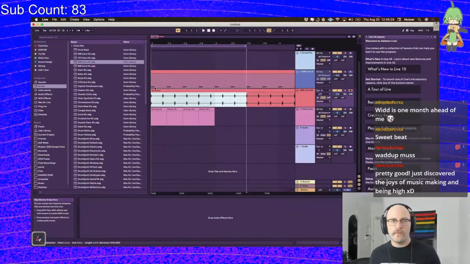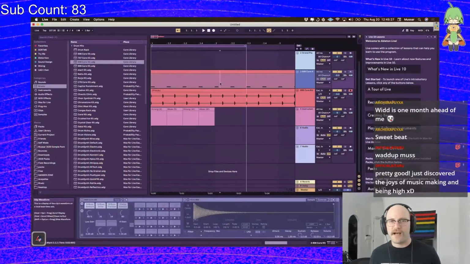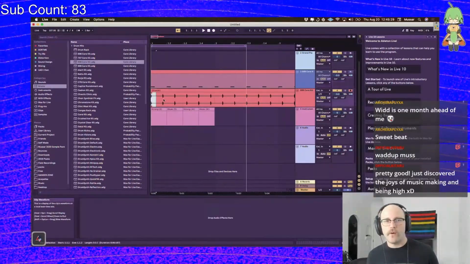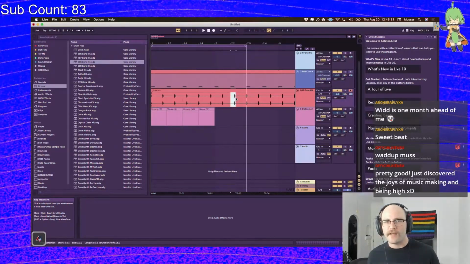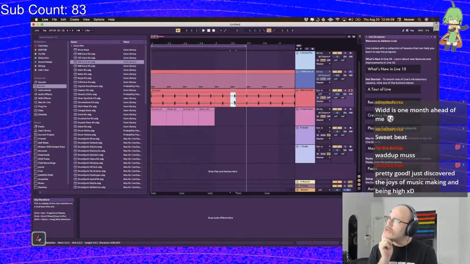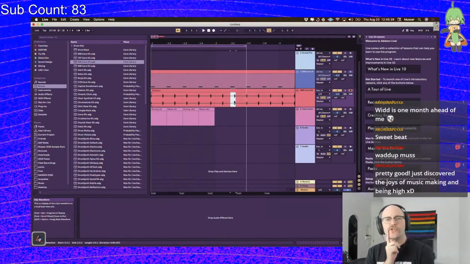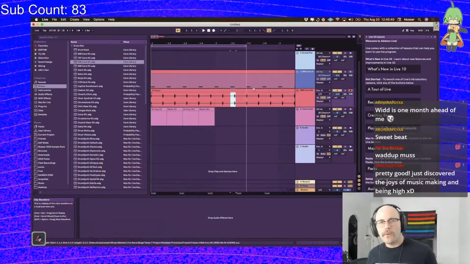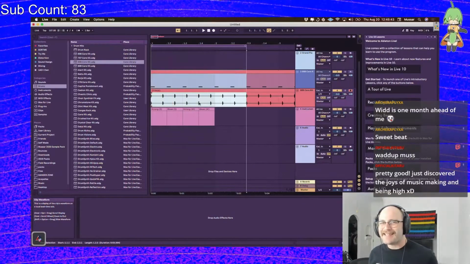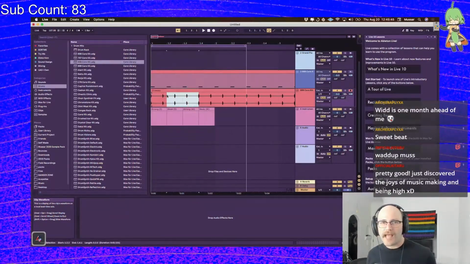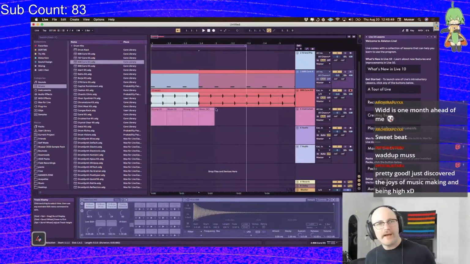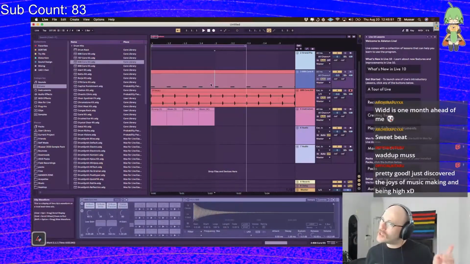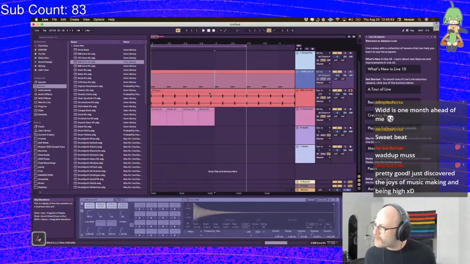We have 1, 2, 3, 4, 5, 6 pulses for every 1, 2, 3, 4, 5, 6, 7, 8. Oh, interesting. So we have a 6 against 8, or a 4 against 3 polyrhythm presented in our slower tempo with this syncopated rhythm.